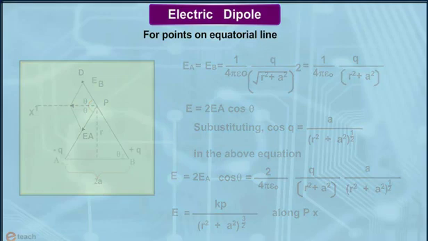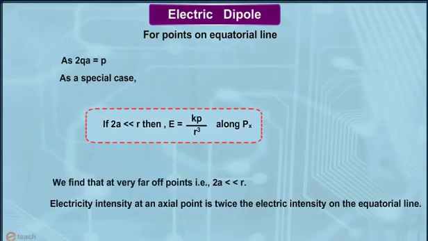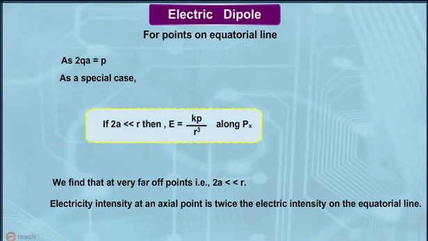Now again we put 2qa equals p and 1 by 4 pi epsilon naught as k, so as to make the equation short. As a special case, if a is much smaller compared to r, then E takes the value kp by r cube and its direction is along PX.